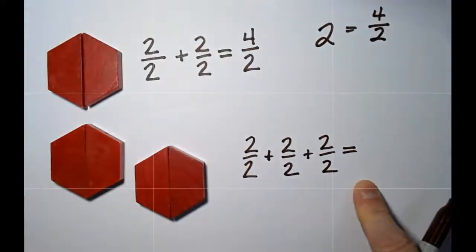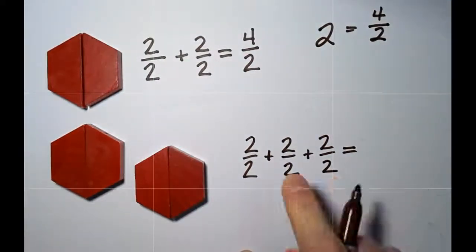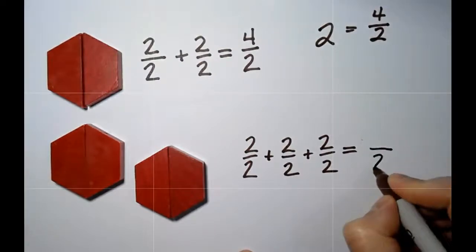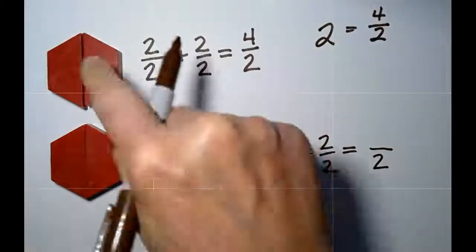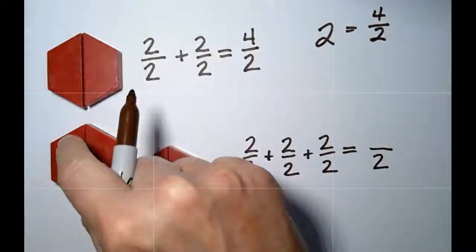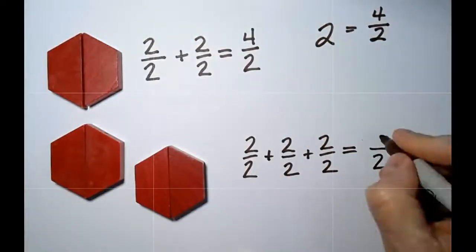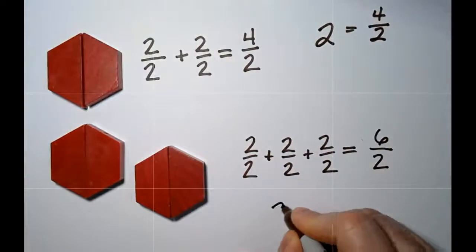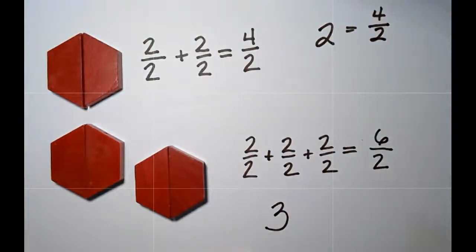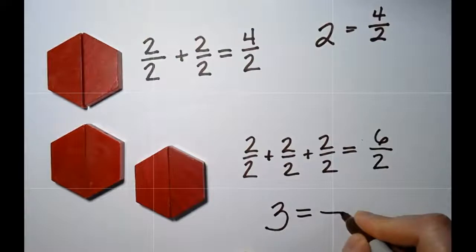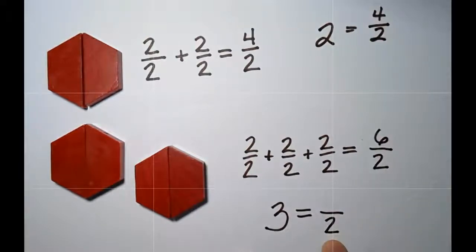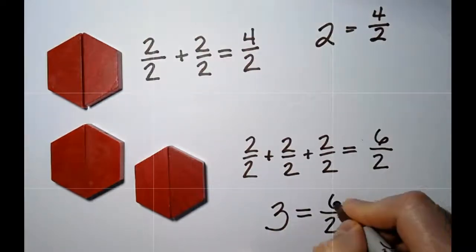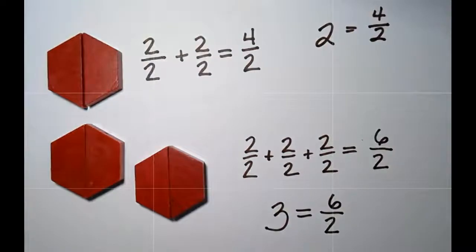So I have 3 wholes here, but as a fraction, our denominator stays the same because they're always going to be halves. And I have 1, 2, 3, 4, 5, 6 halves. So 3 as an improper fraction: if I want to know how many halves are in 3, 3 times 2 is 6. So 3 is equal to 6 over 2.